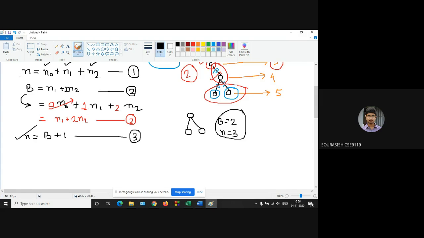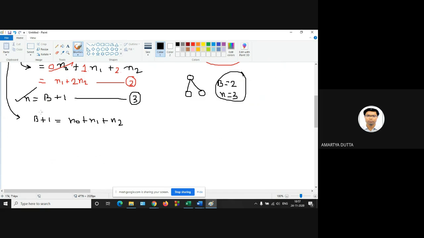Yes, sir. So from equation number 1 we can write b plus 1 is equal to n0 plus n1 plus n2. Next, substitute the value of b.